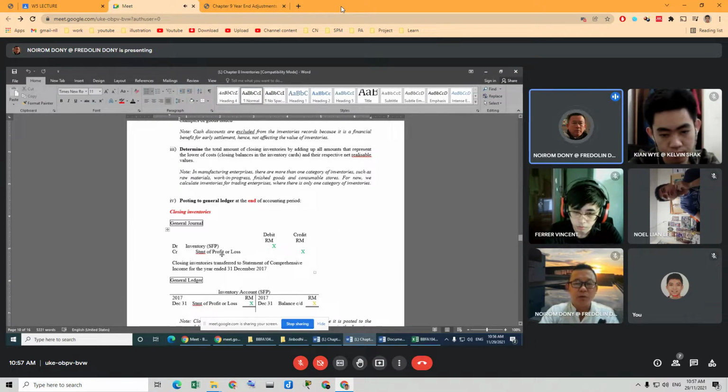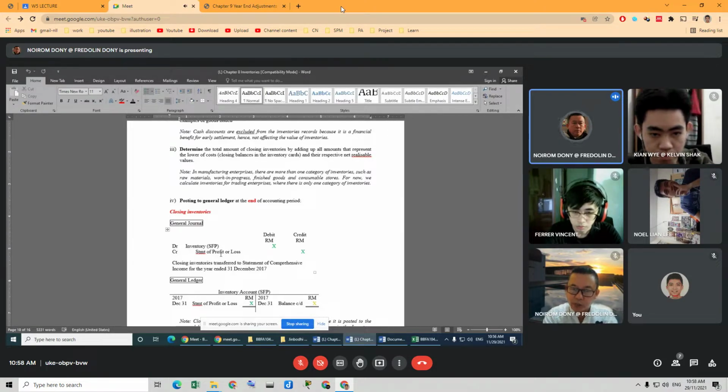It should be under add, but since it is related with cost of sales, you present it separately. The cost of sales formula is opening inventory plus purchases less closing inventory, isn't it?